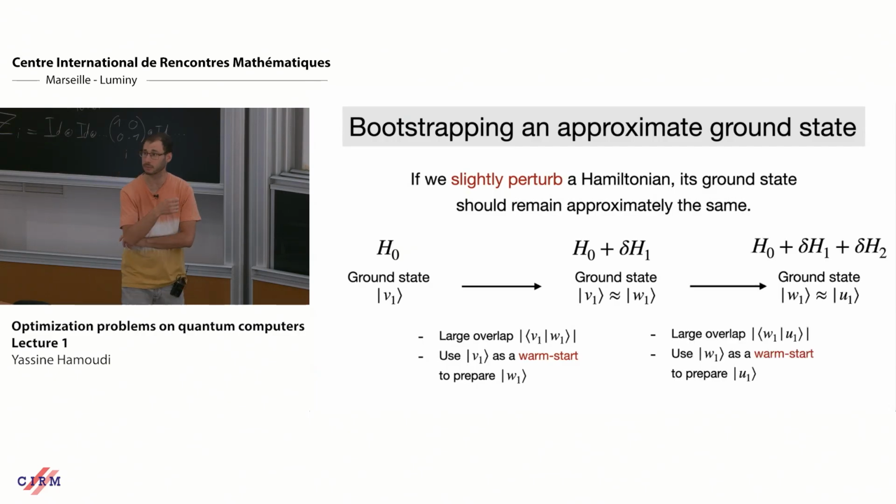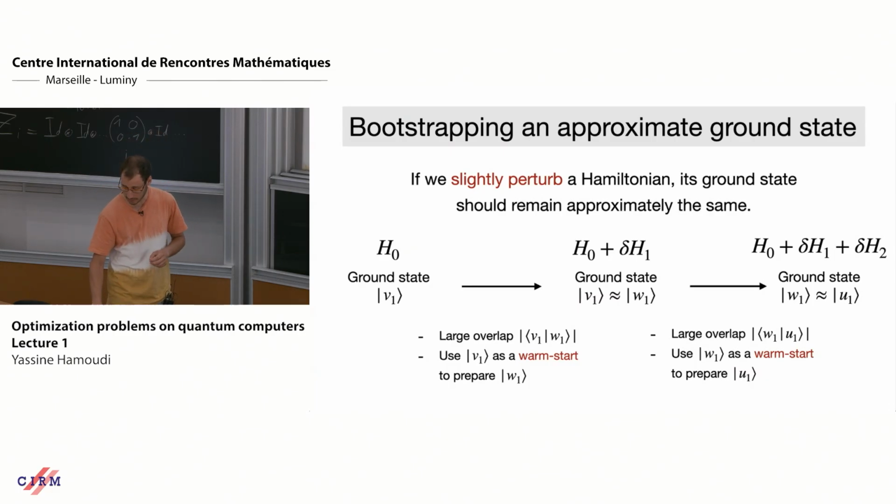And then you could repeat. You do one more step of perturbation, and use W1 as a warm start to prepare the ground state of the next Hamiltonian. If you do that, you could explore a sequence of slowly changing Hamiltonians, and arrive at your final target Hamiltonian in a very efficient way, without needing to know a warm start from scratch.